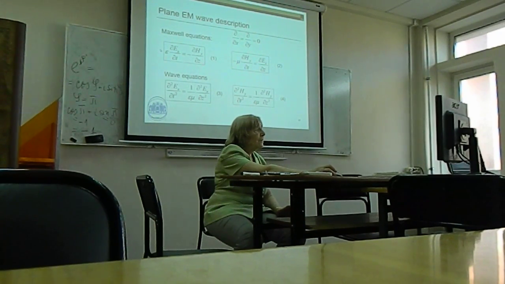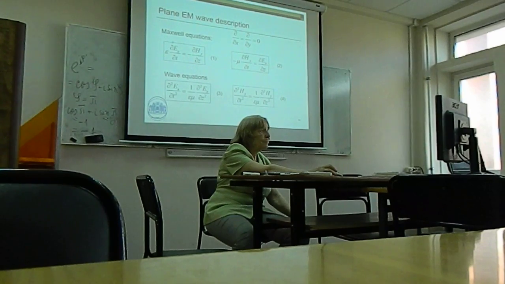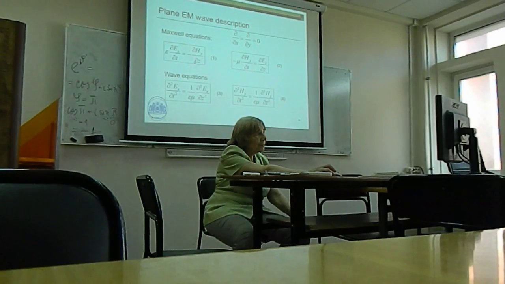And the Maxwell equations are simplified and have the following form. This is the left part, derivative with respect to time, and here is the electric part of the electromagnetic wave. And on the right side, we have magnetic part of the electromagnetic wave and the derivative with respect to coordinate z.